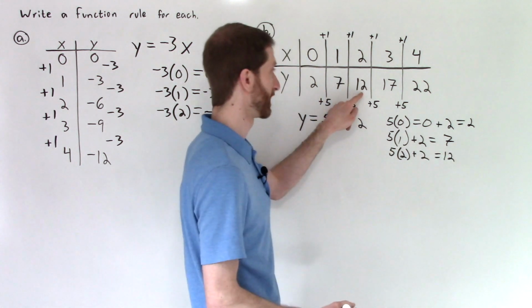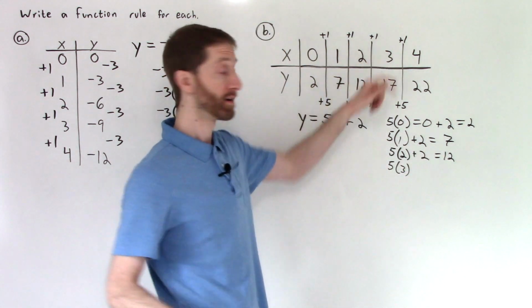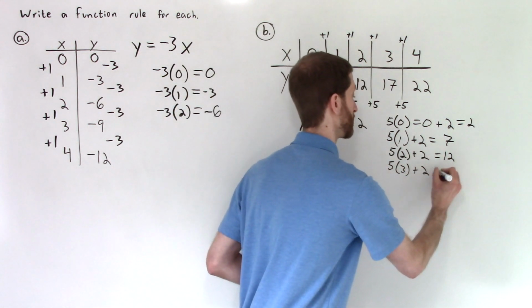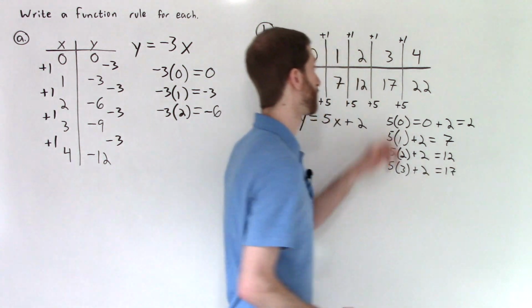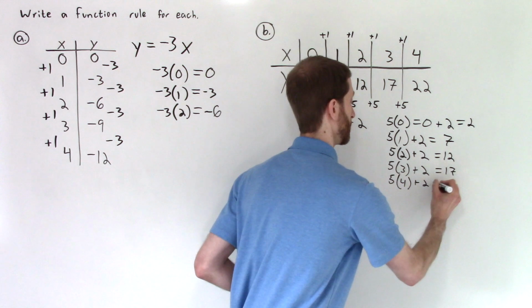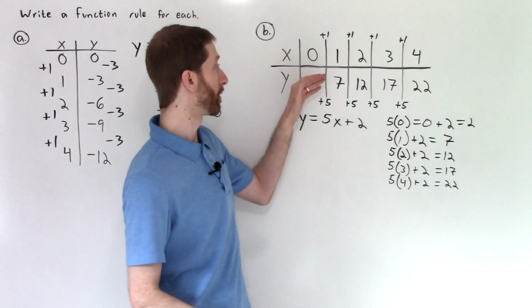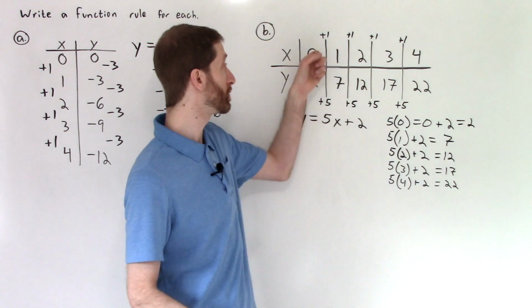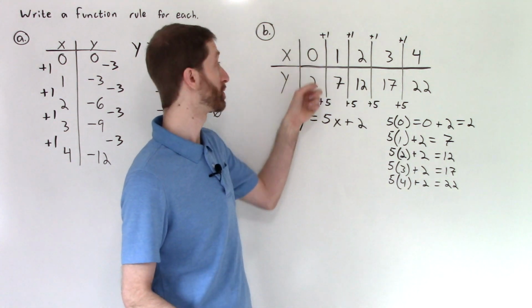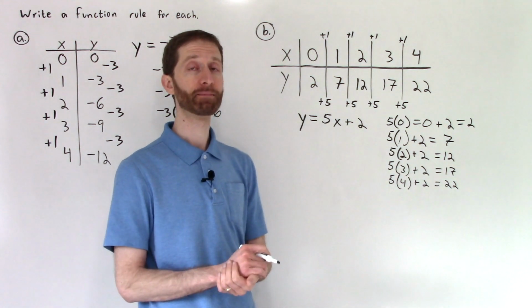Oh yeah, we're looking good. 5 times 3, the input right here, plus 2 is 17. And then 5 times 4 plus 2 is 22. So we've established that the numbers that we plug into this function do indeed go from the X values to the corresponding Y values. So we know that this function rule is correct.